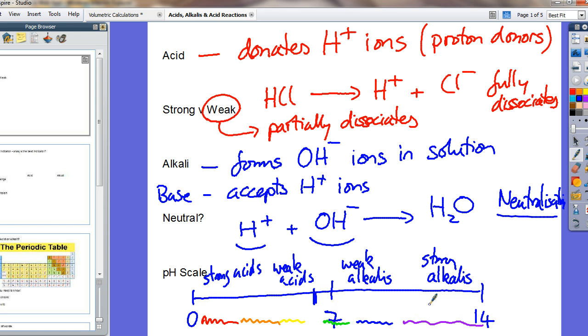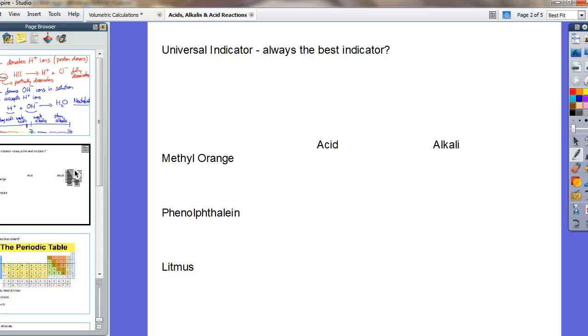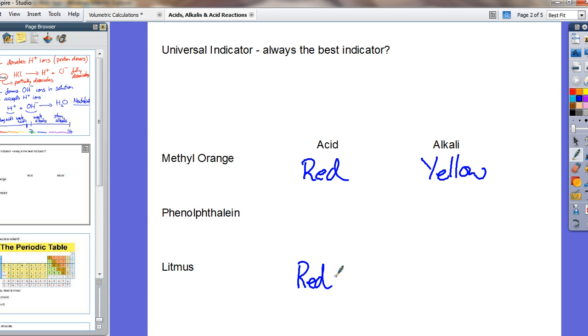So sometimes it's very useful to have a full range of colours, and other times you simply want to know if it's acidic or alkaline. So is it always the best indicator? Not always. And these three indicators, you need to know the colours that they go in acid and in alkali. Methyl orange turns red in an acid and is yellow in alkali. Litmus turns red in acid and blue in alkali.